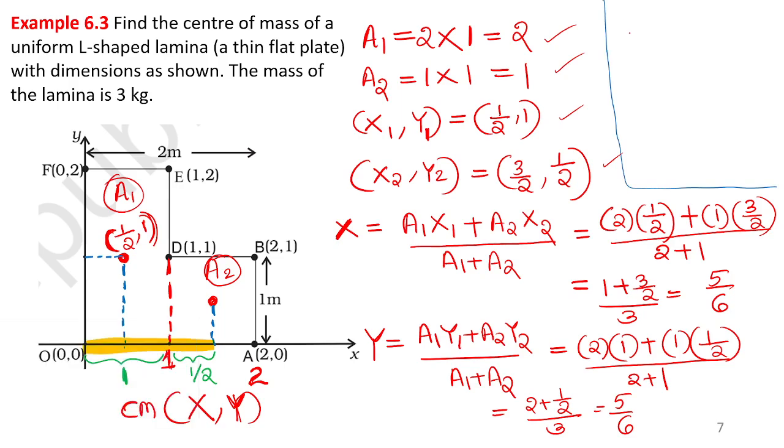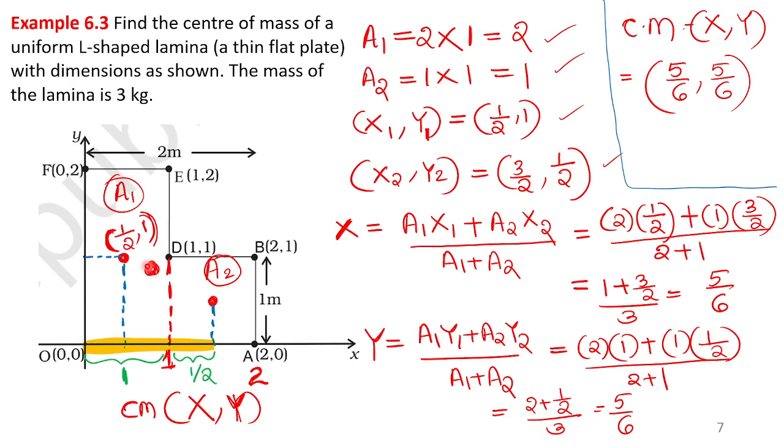So the final answer is the center of mass CM, position x comma y. The CM is the center of mass. The coordinates of the center of mass will be capital X comma capital Y, 5 by 6 comma 5 by 6. It may be somewhere here, no need to plot it.